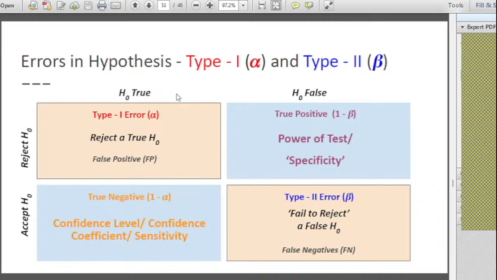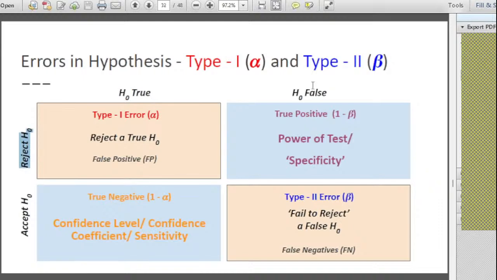Let's talk in terms of the example that we were discussing yesterday, the open air gym. Actually the null was true, which means the male weight did not reduce. It remained 80. But my samples indicated that I should reject the null.